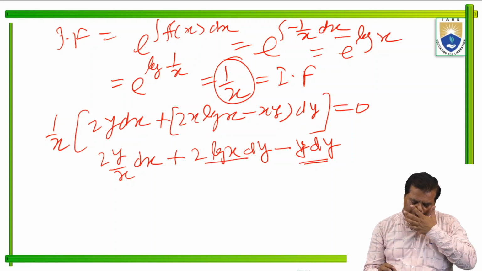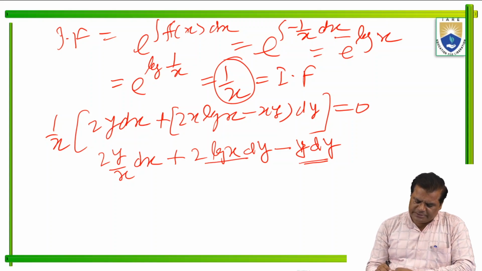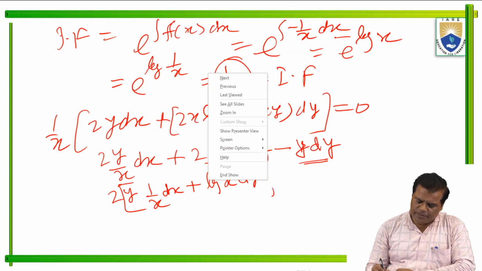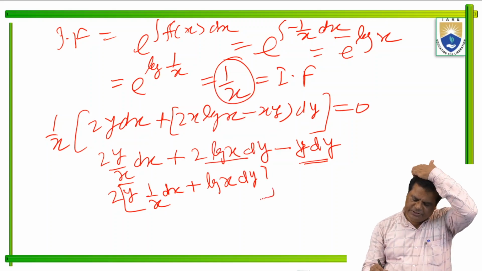So now here, the differentiation is clear, isn't it? So this is 2y times 1 upon x dx and plus 2 is common, so log x dy.